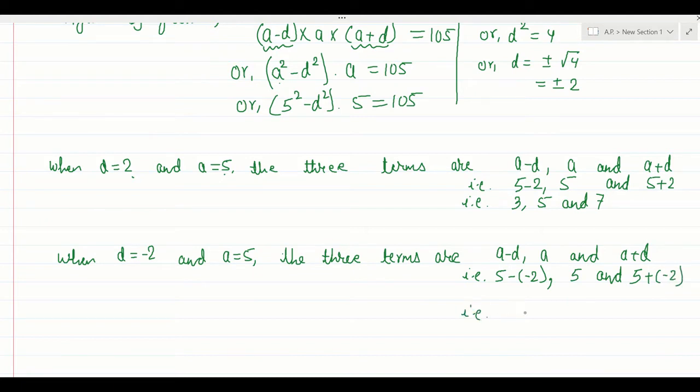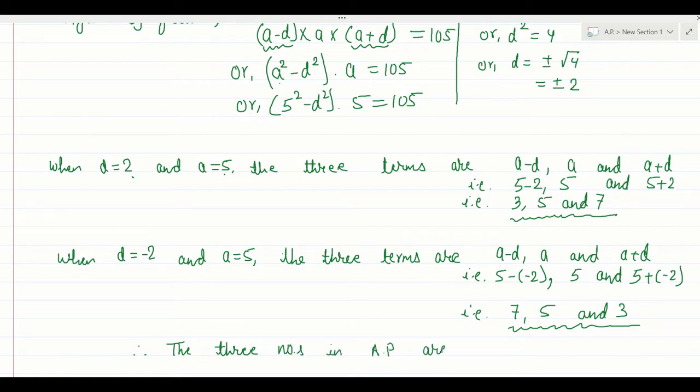That is 5 plus 2, 7. It is 5 and it is 3. So here we get three numbers as 3, 5, 7, and here we get three numbers as 7, 5, 3, which are the same. So therefore the three numbers in AP are 3, 5 and 7. That's all. Now let's go to the next question.